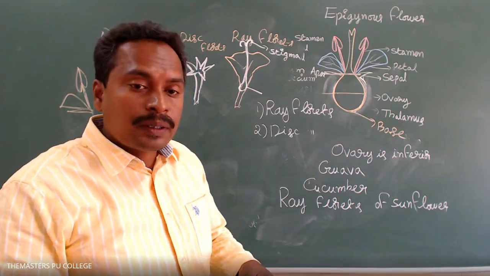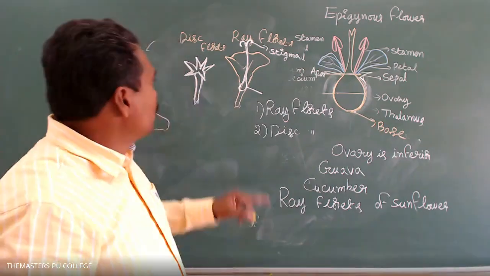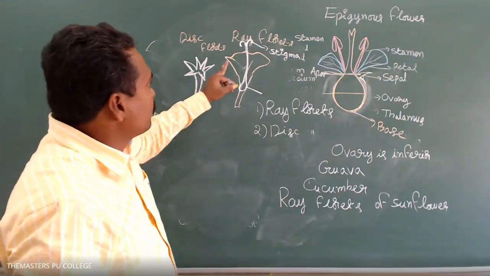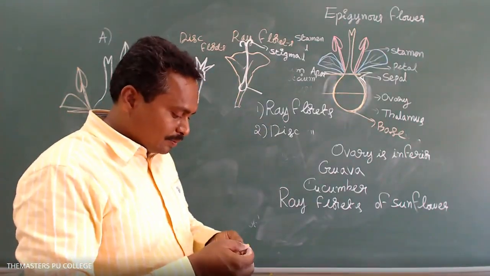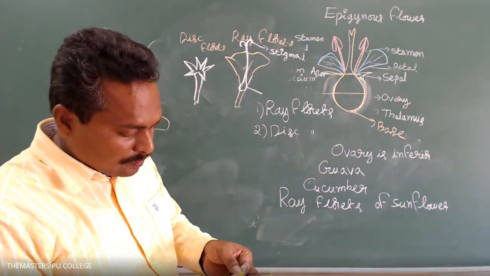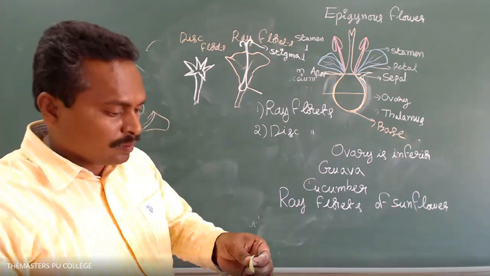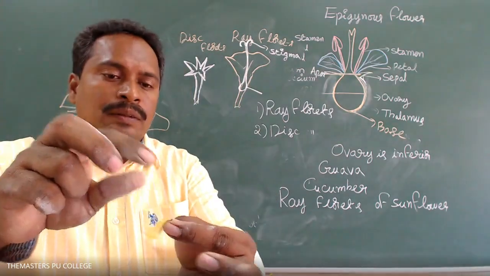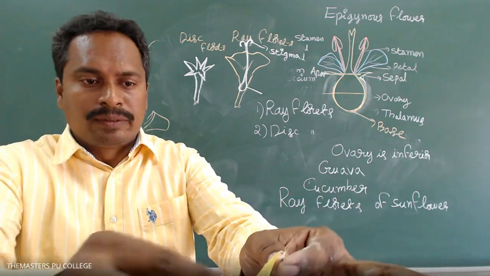Okay, now. So here the petals in disc florets, the 5 petals are fused. In ray florets also the petals are fused. Is it visible clearly enough?